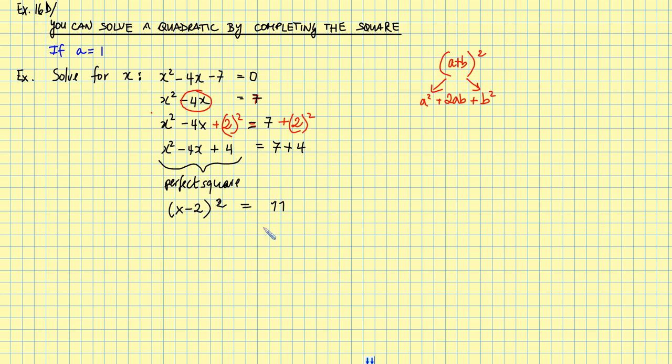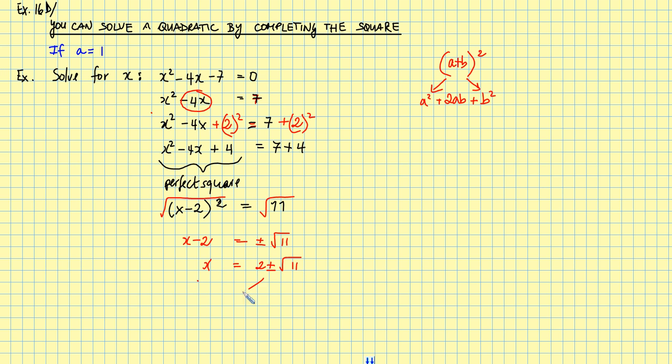All that needs to be done now is to take the square root of both sides. That's our last step. We take the square root of both sides so that we can isolate for x, and therefore x minus 2 is going to equal the positive or negative version of root 11. Therefore x is going to be equal to 2 plus or minus root 11.